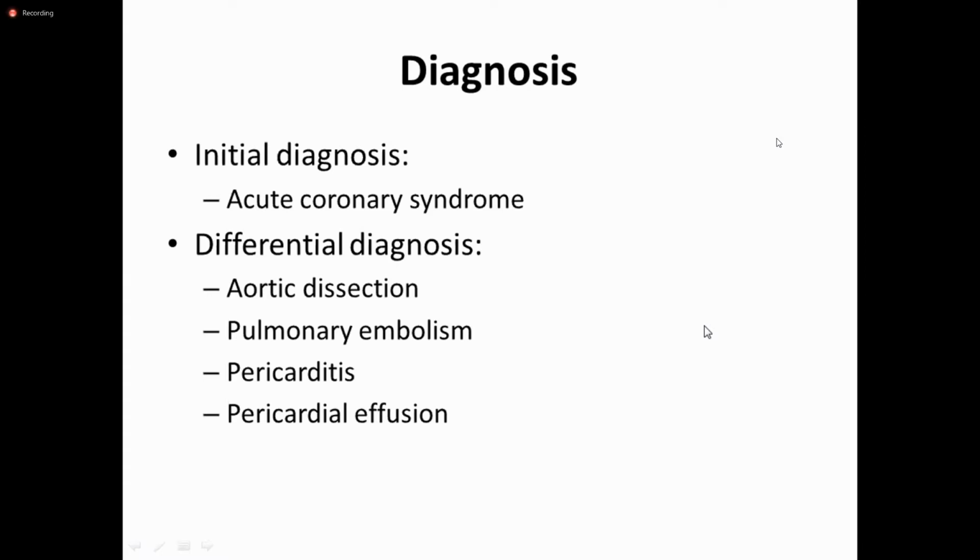And for the pulmonary embolism, normally the patient may have dyspnea, difficulty breathing. However, when the thrombus only obstructs a small vessel, the patient may not have difficulty breathing, but may have typical chest pain.